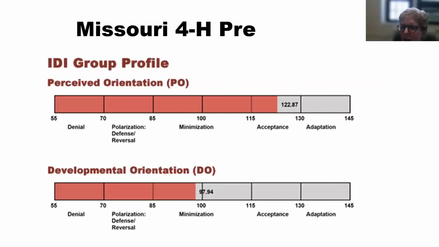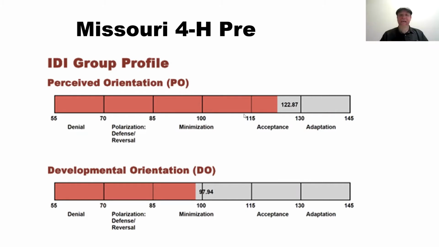Thank you so much. This is the way you see some of the numbers in the report. It's not the only ones you see; there is a lot of information you can pull out. This is my pre-test. When we talk about perceived orientation and developmental orientation, the perceived orientation is the place where people believe they are.